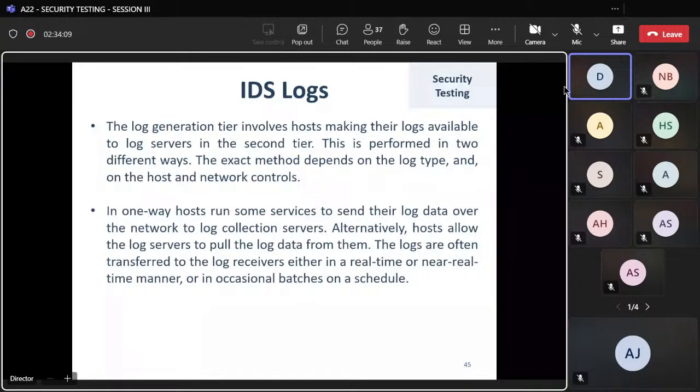The logs will be analyzed, and this can be either transferred in real time or near real time, because some of the devices will be pushing it in a real-time manner to the centralized log servers, or sometimes it will be near real time, as a batch of probably every 10 minutes or every 15 minutes or every 30 minutes. That will be based on the configuration that will be pushed. It's a kind of a batch on a particular schedule.